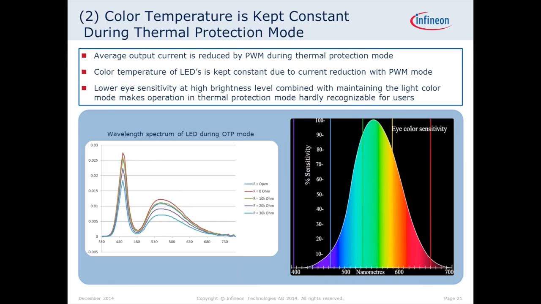At the same time, the light color is not changed, meaning the end user will not see much. Of course, if it happens 5 or 10 times a day, every day, then there is something wrong with the design. But if it happens only a few times a year or seldom, then this will not be perceivable for the end user.